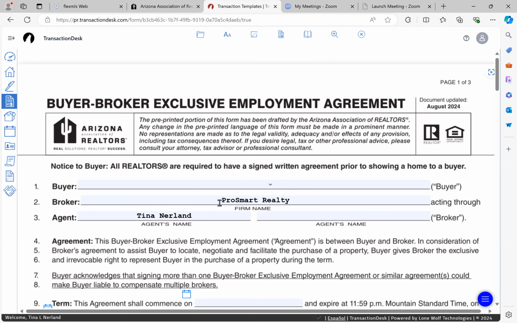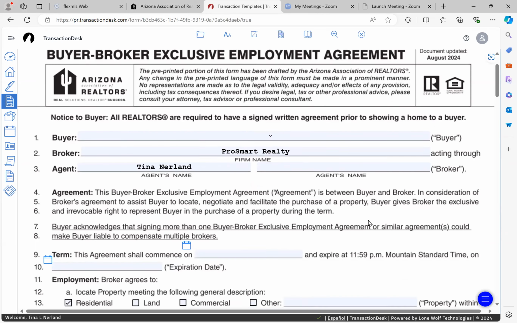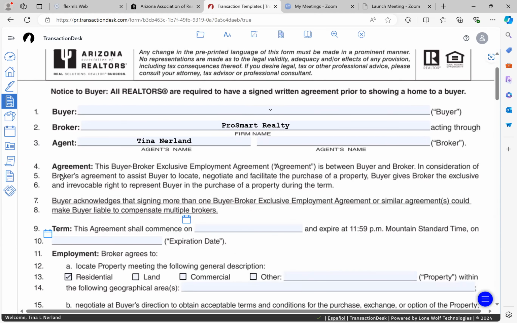Buyer name goes here, broker's name here, agent, and of course, if you have a team lead, it goes here. The agreement. The buyer-broker exclusive employment agreement is between a buyer and a broker. In consideration of the broker's agreement to assist the buyer locate, negotiate, facilitate the purchase of a property, buyer gives broker exclusive and irrevocable right to represent the buyer in the purchase of a property during this term.